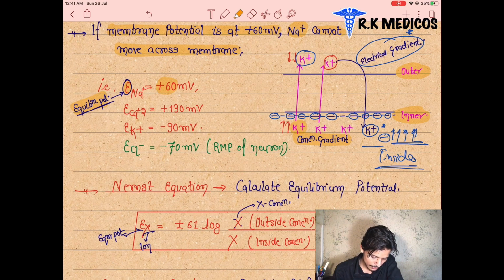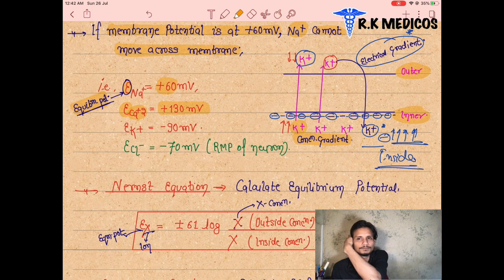Next, the equilibrium potential for calcium is plus 30 millivolt. At plus 30 millivolt, calcium is not going to move out or in. The same holds for potassium and chloride. For potassium it is minus 90 millivolt, and for chloride minus 70 millivolt.